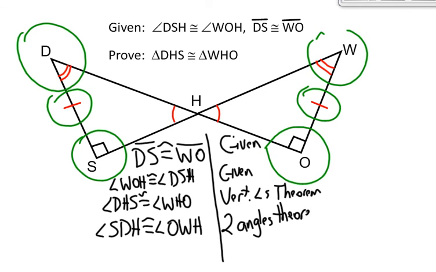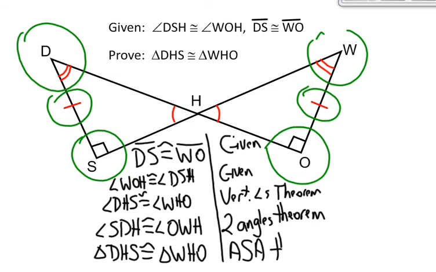You guys almost forgot that theorem, didn't you? Well, there it is. It's back. Okay, and now I can prove that triangle DHS is congruent to triangle WHO. Why? Because I can use the angle side angle theorem.